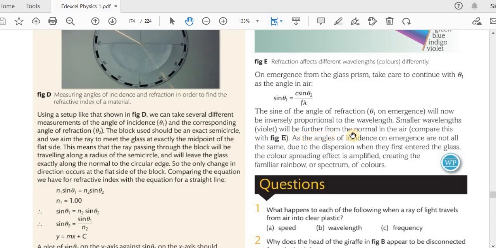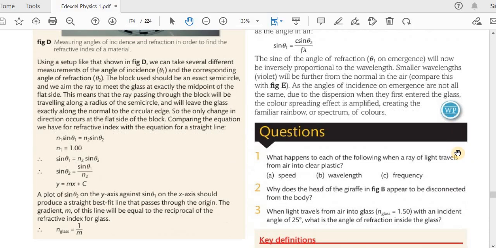Smaller wavelengths will be further from the normal in the air.